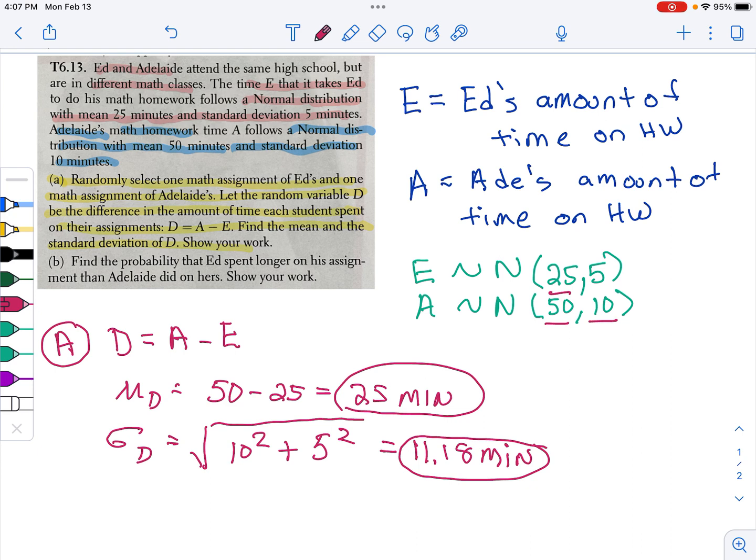It says find the mean and the standard deviation. Great, so we're all set. We found the mean, we found the standard deviation for the difference between Addie and Ed. Our next question is to find the probability that Ed spends more time than Addie on his homework.